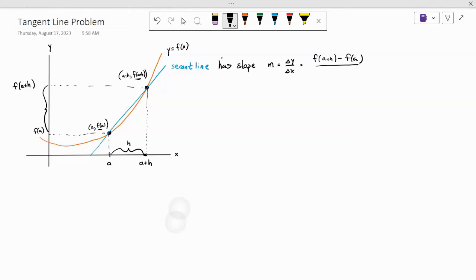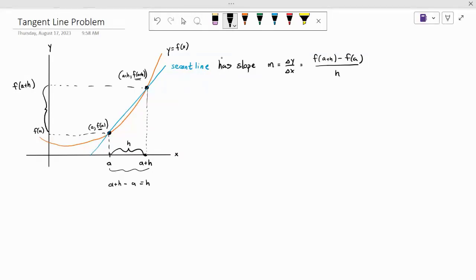Okay. And the change in the x values, well, you can see it's exactly H, but you can say that it's the first x value minus the second x value. That will just indeed give you H. Right, so that's the pre-calculus part.